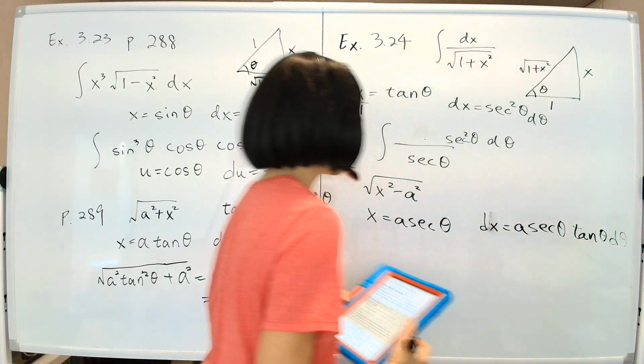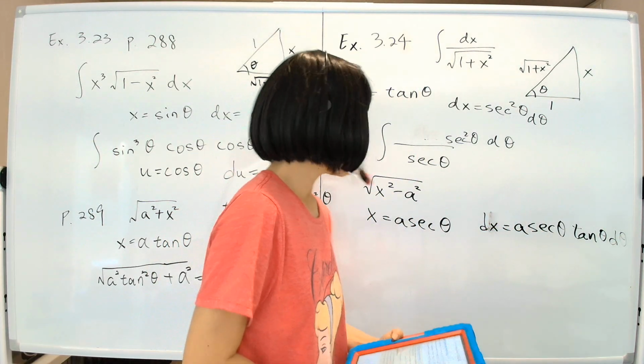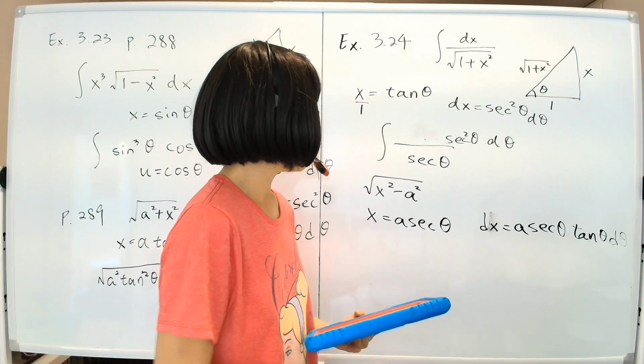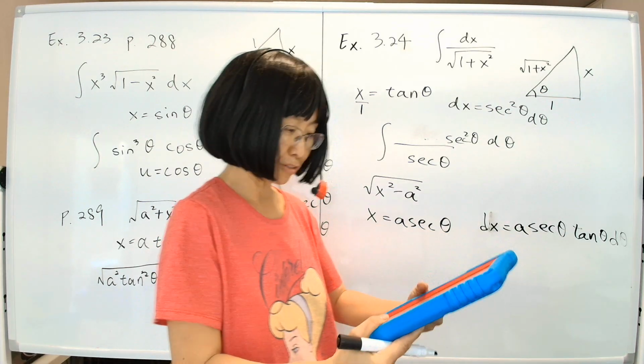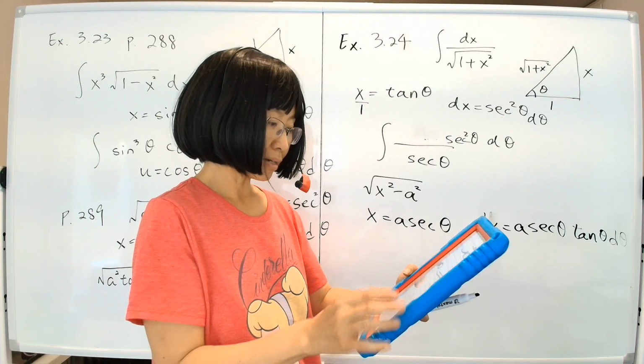All right, so you're going to plug all that in. As you can see, this trick is going to be slightly harder than before because your dx is going to have more stuff in it.